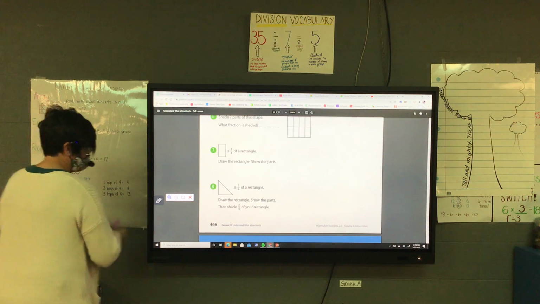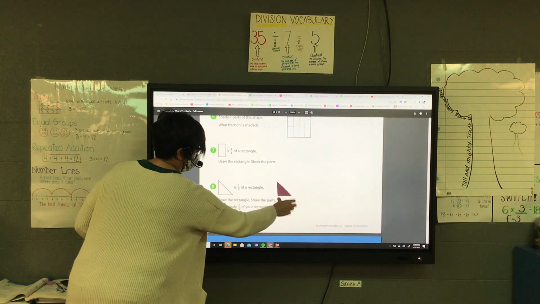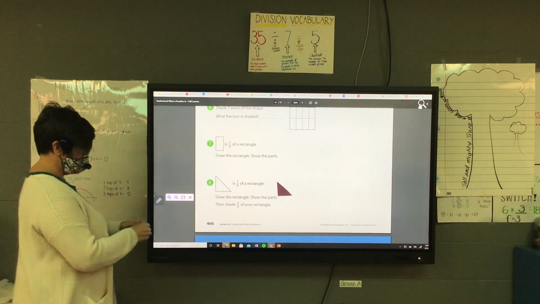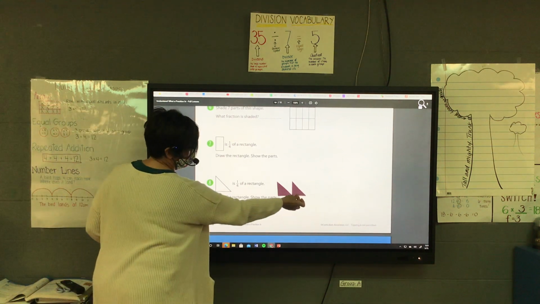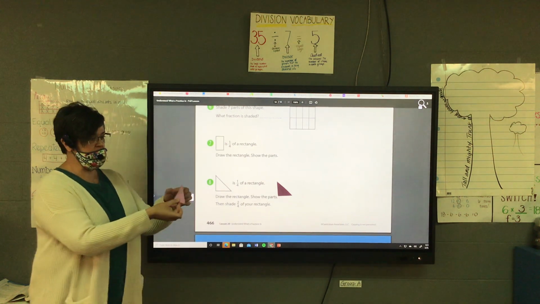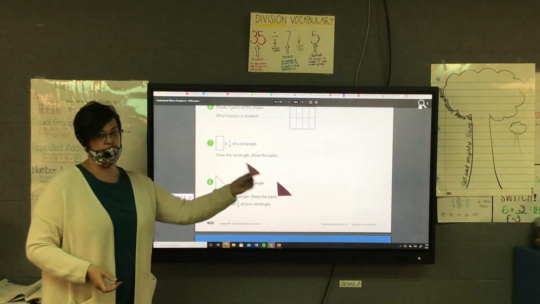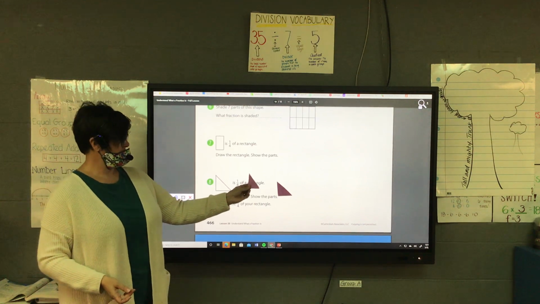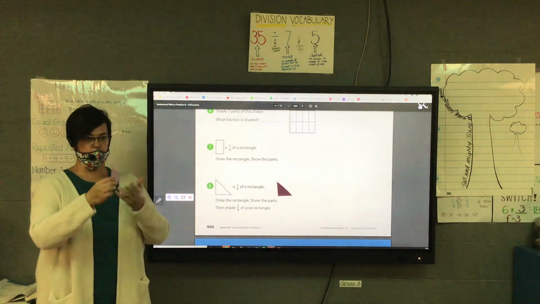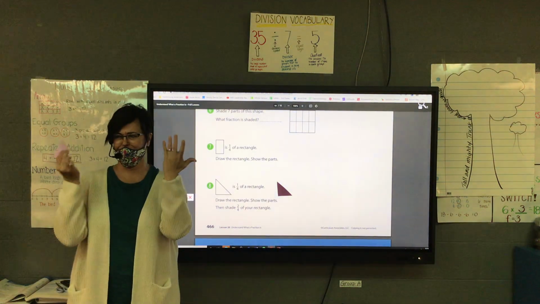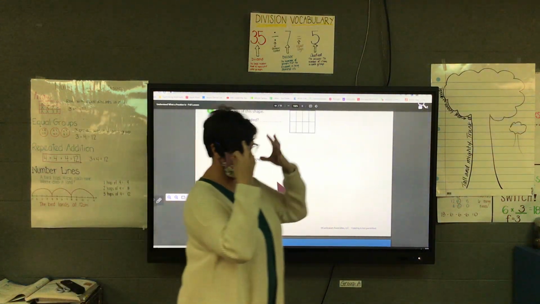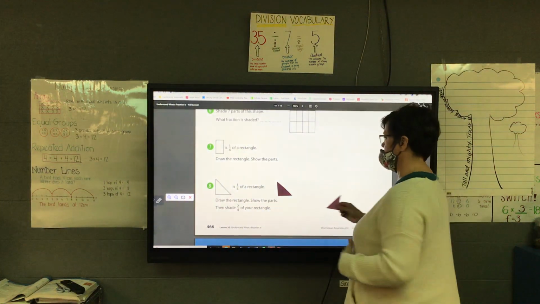There we go. Okay, so if this is our triangle that I have drawn, am I just going to put another triangle like that? No. Like that? No. What do I need to do with another triangle? Like that? No. Which way would it need to go? I'm just trying to help you mentally figure this out.